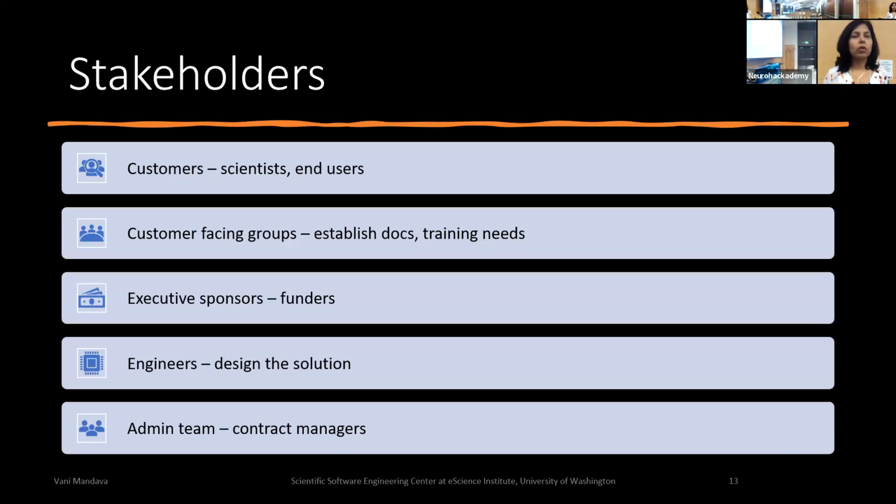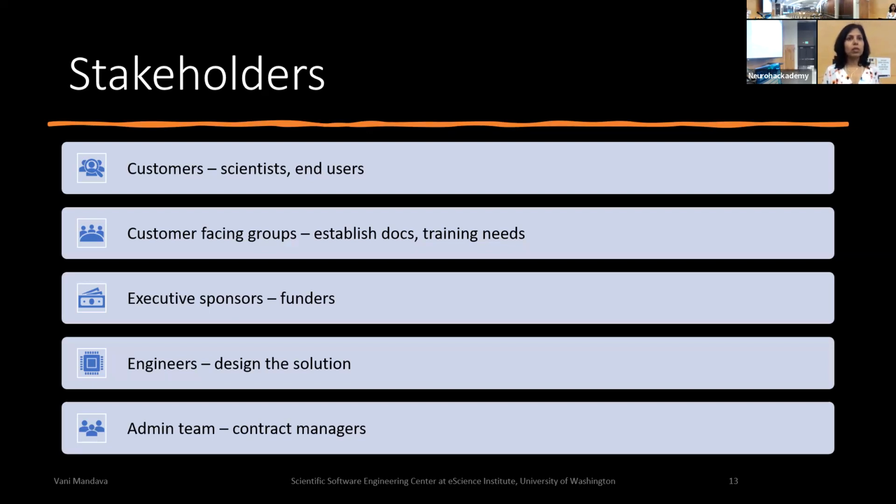We talked about stakeholders. We talked about why a product plan is important, and that it gives visibility to stakeholders. Who are these stakeholders? They are customers, so those are scientists and users. They are customer-facing groups. So not directly the scientists, but it could be the students attending courses that these scientists are creating.